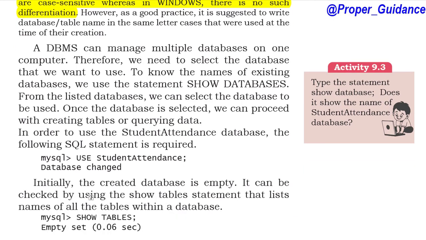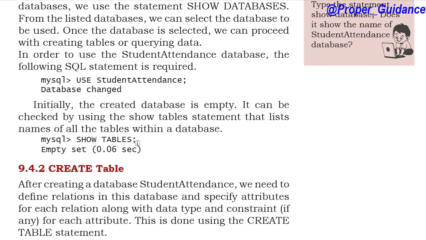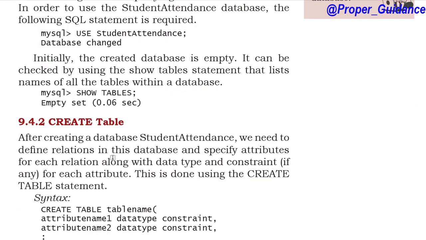A DBMS can manage multiple databases on one computer. Therefore, we need to select the database that we want to use. To know the names of existing databases, we use the statement show databases, and the list of all of them appears here.